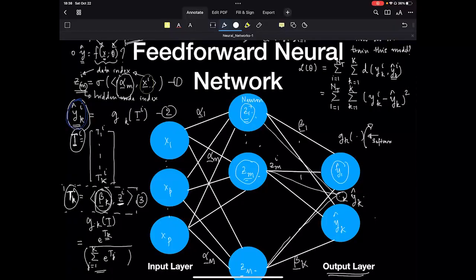Okay, so in other words, we are using squared error, and we can also bring in that 1 over NT here to call it mean squared error. Okay, so this is my L of theta.